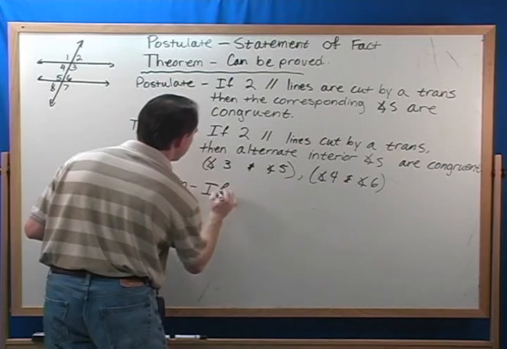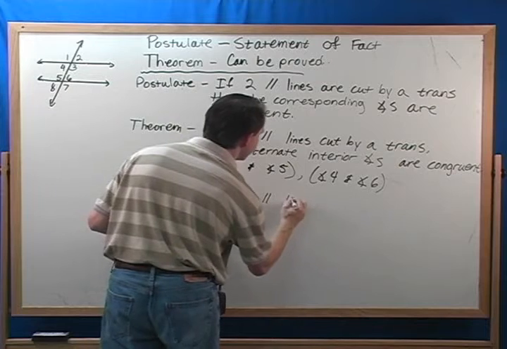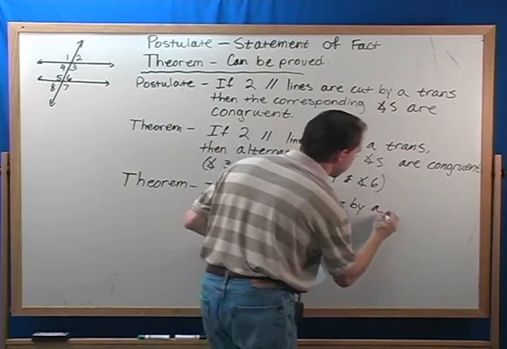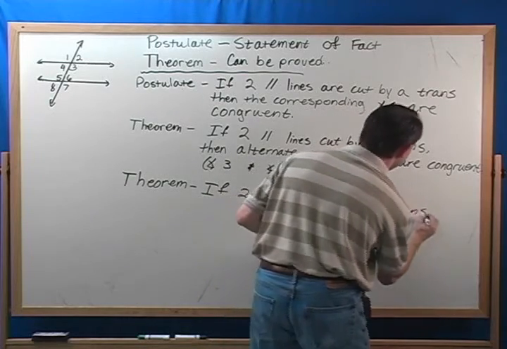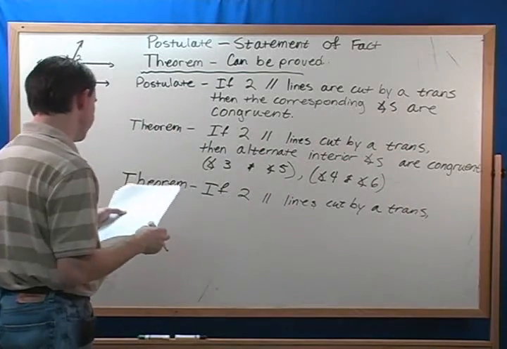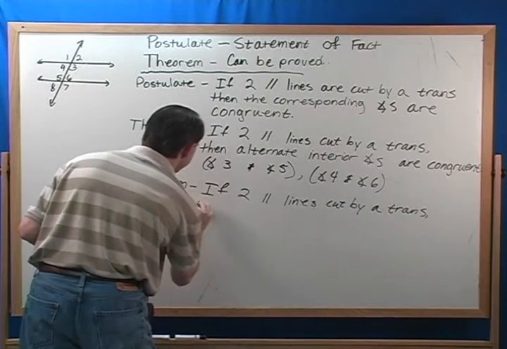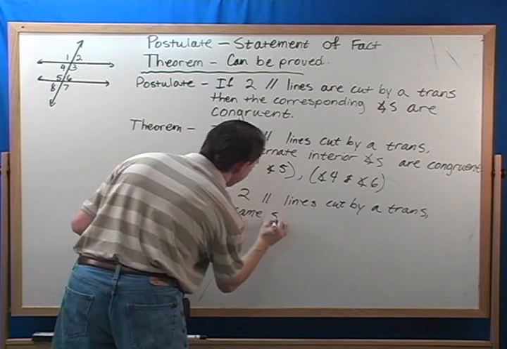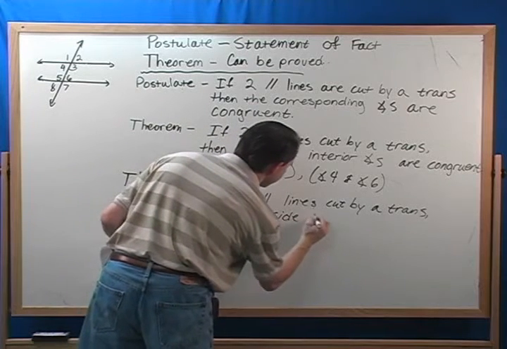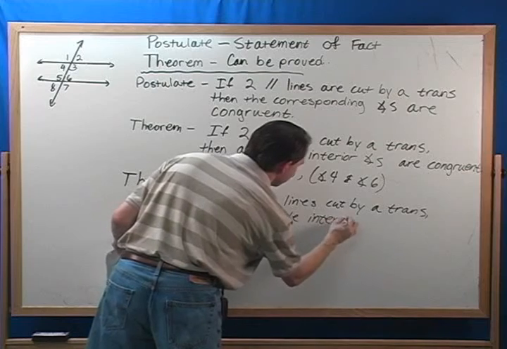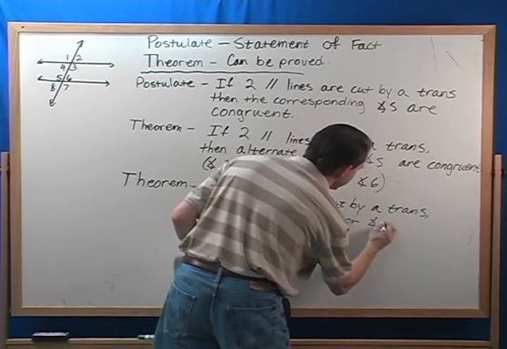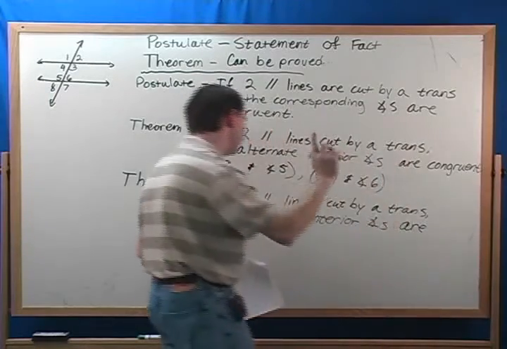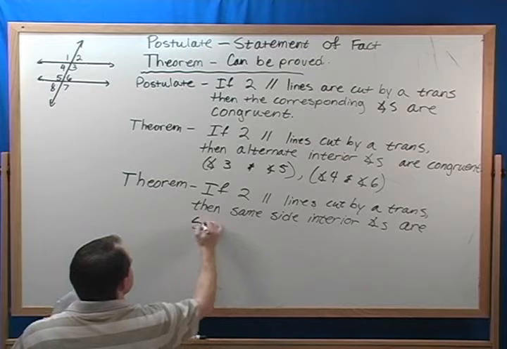If two parallel lines are cut by a transversal, okay, then the same side interior angles, and this one's a little bit different, same side interior angles are supplementary. And remember, supplementary just means they add up to 180 degrees. So supplementary.